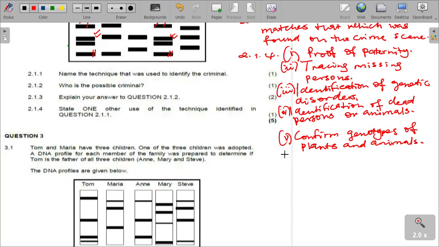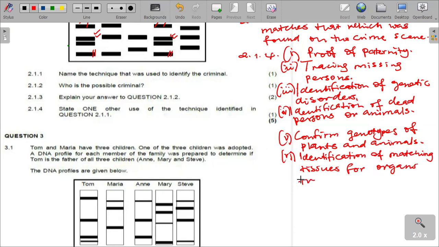This is number 6. I just want to give a full listing. Identification of matching tissues for organ transplant.